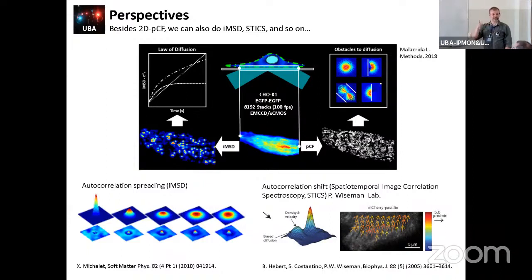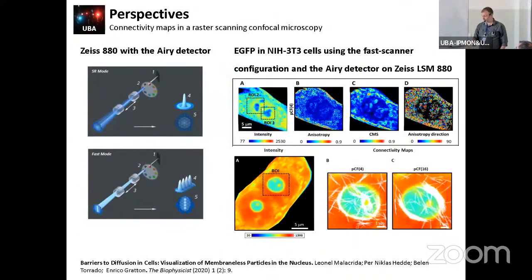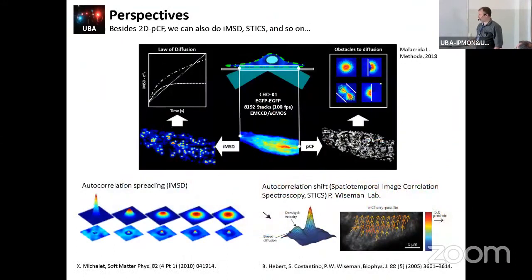You first analyze the molecules diffusing as monomers and get a map, then you analyze the molecules diffusing as dimers and get a map, or tetramers, or whatever. This is very nice work, and it's really powerful too. But so far, in both cases, we have first a SPIM and then a TIRF, so you need to have this kind of technology in your lab.